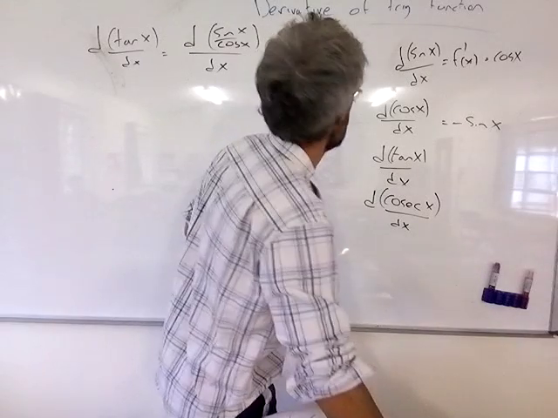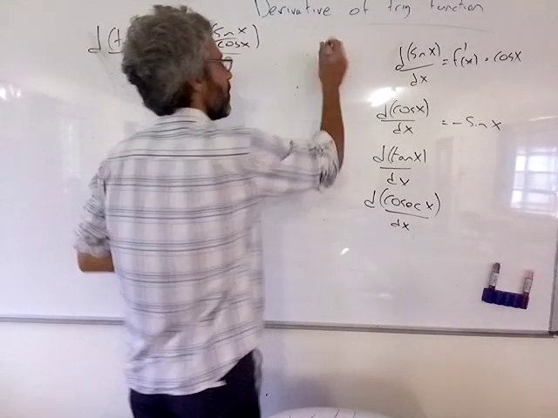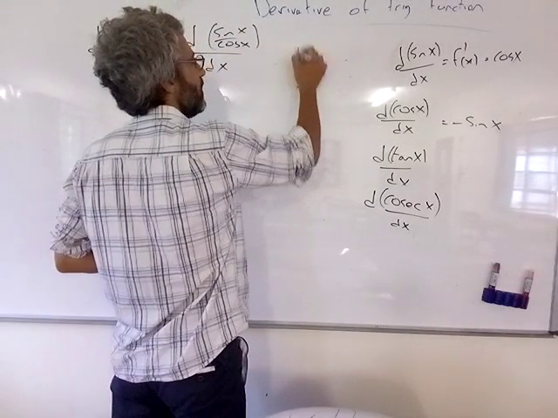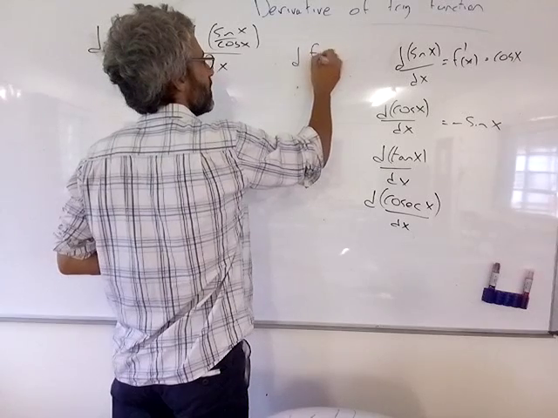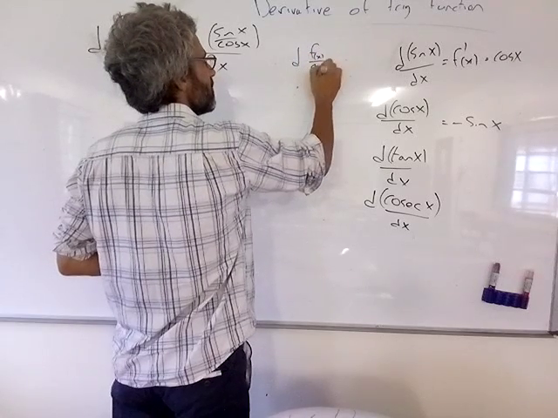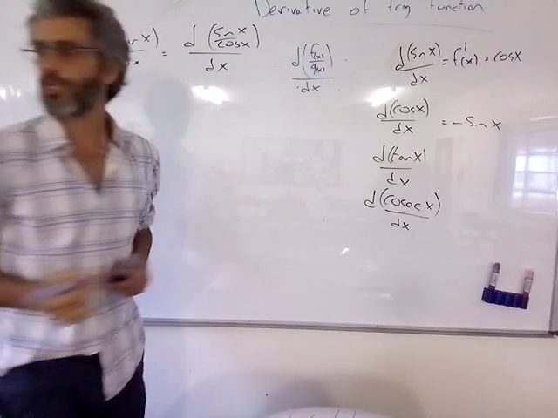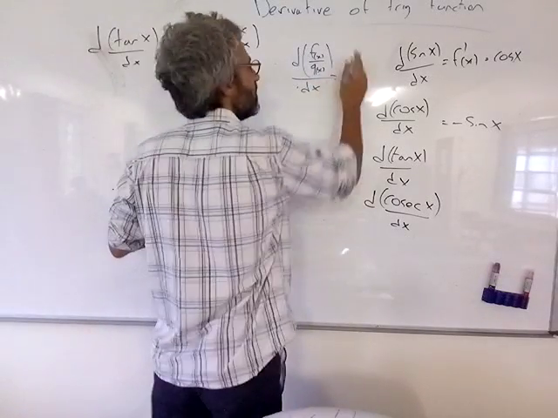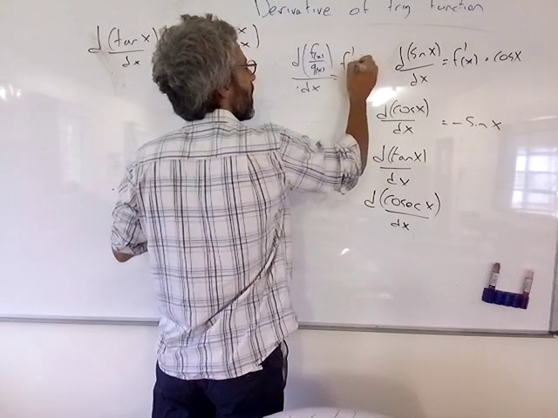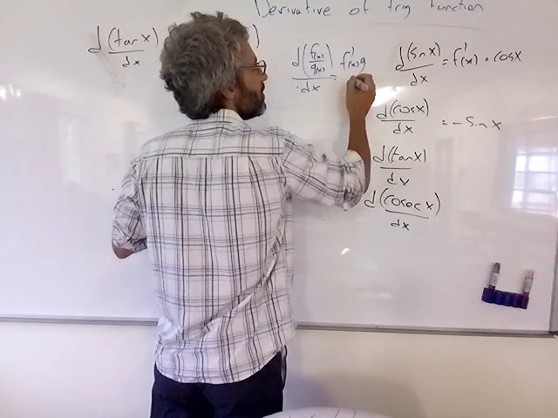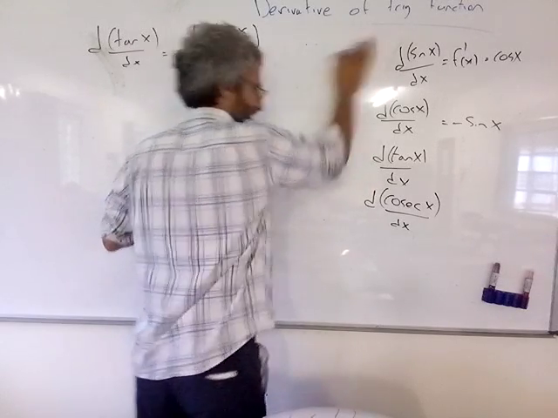Did I say it right? Quotient rule. Yeah? What was the quotient rule, if you remember? Derivative of f of x divided by g of x. If I divide two functions by each other and I want to find the derivative, okay, it's f prime g. Oh, running out of space. Let's write it again.